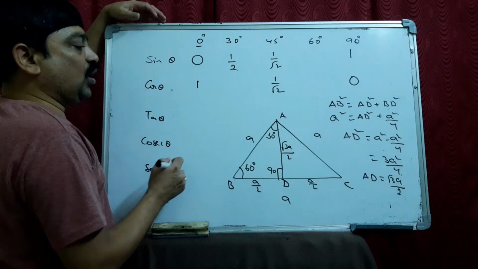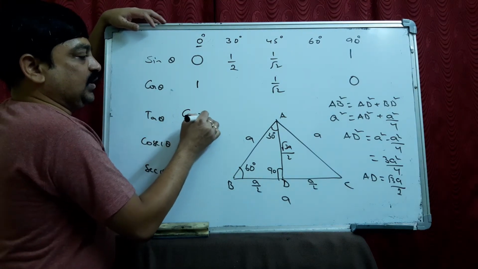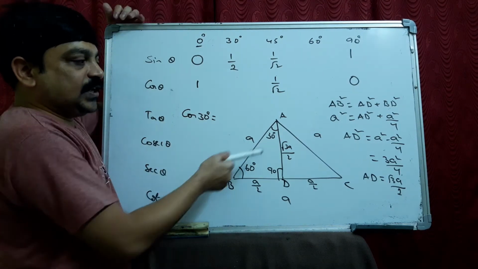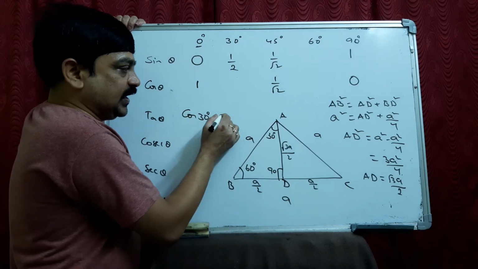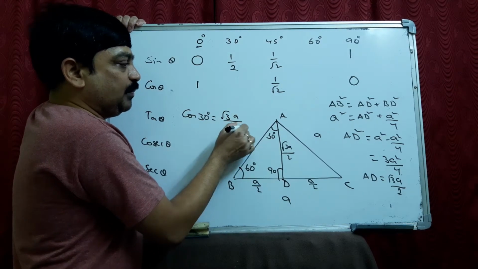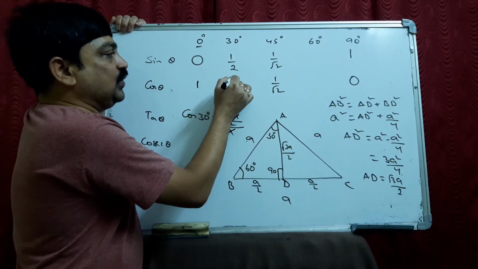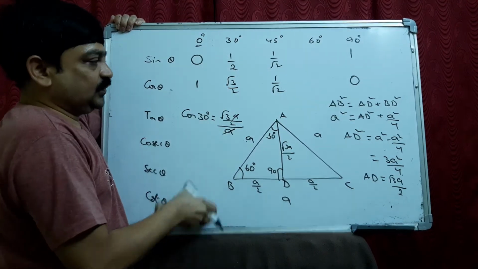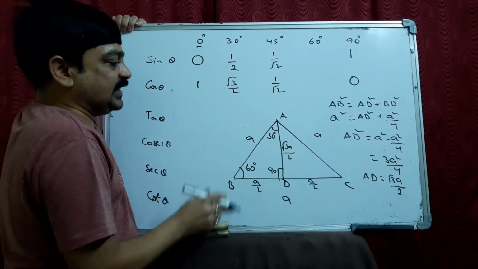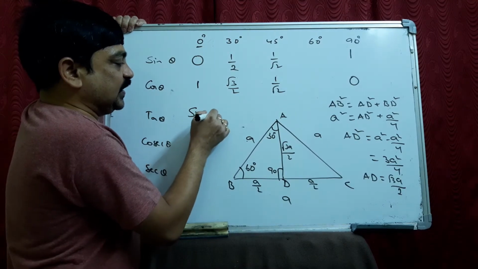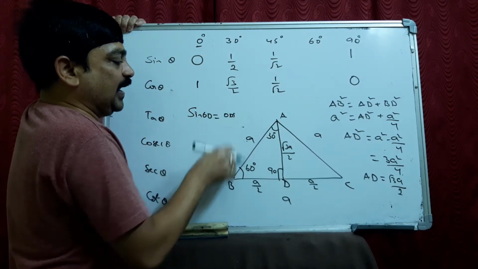Now if I need cos 30, what is cos 30? Adjacent side, root 3A by 2, by hypotenuse A. You can cancel these two, so the value is root 3 by 2. Now, what is sin 60? Sin 60, opposite side by hypotenuse.